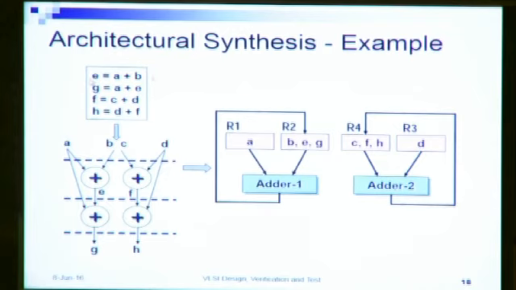So these are 4 operations: E equals A plus B, G equals A plus E, F equals C plus D, and H equals D plus F. So we see that the input E is dependent on the output of the previous step here. This input F is dependent on the output here.